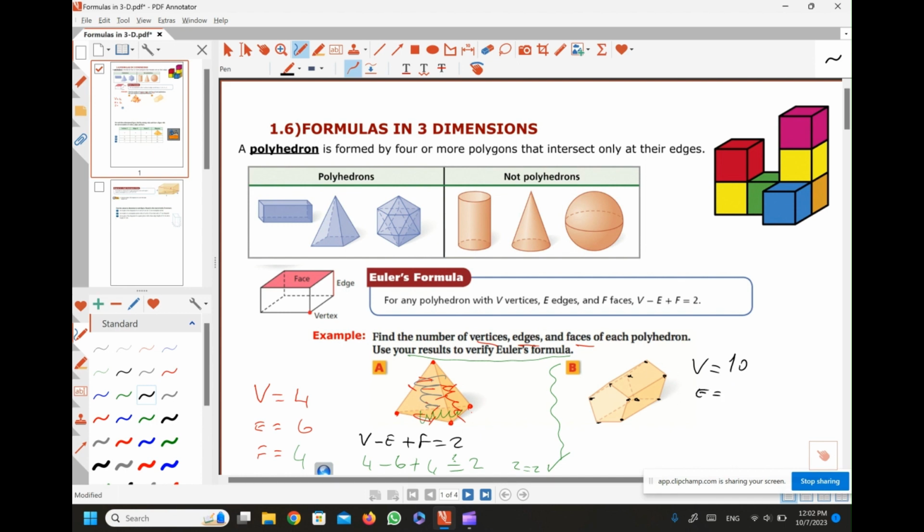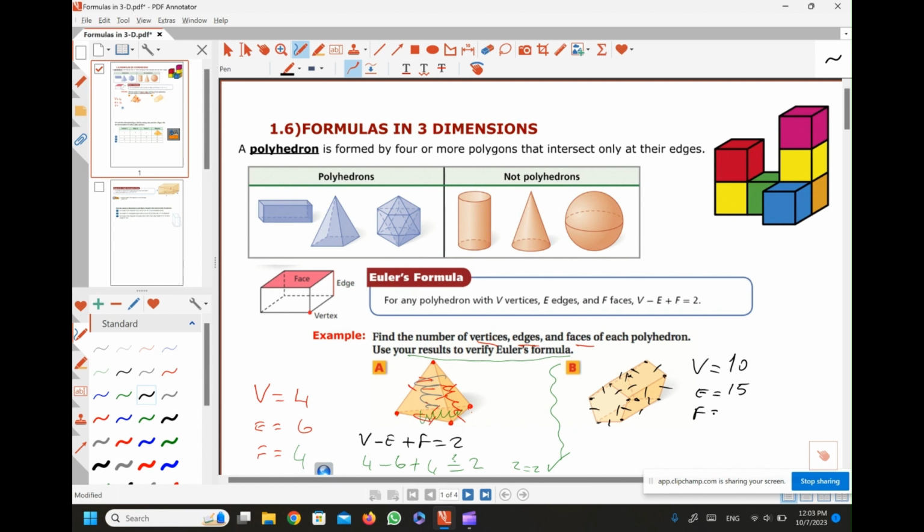Let's count the sides. 1, 2, 3, 4, 5 sides here. 5 sides on the other side. And we also have the lateral sides. 5 makes 10. 11 here. 12. 13, 14, 15. So we totally have 15 sides.